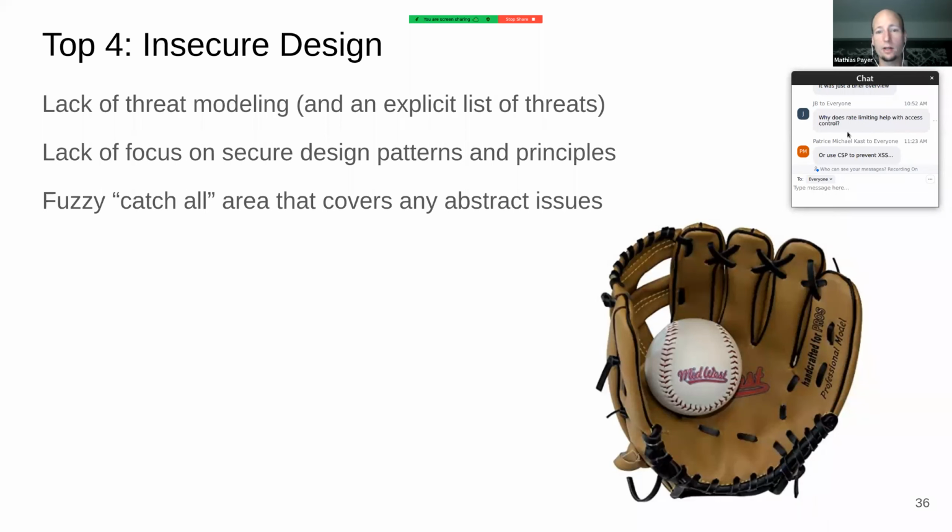So it covers different kinds of abstract issues, such as lack of threat modeling, like not having an explicit list of threats for your web application, lack of focus on secure design patterns and principles, and anything that is part of the design of the application. So it catches any kind of faults that are not really a fit for all of the other categories.